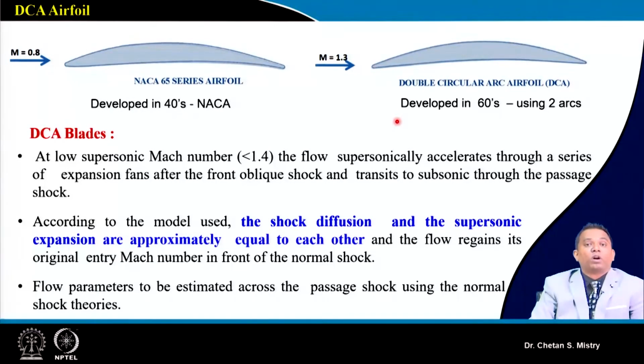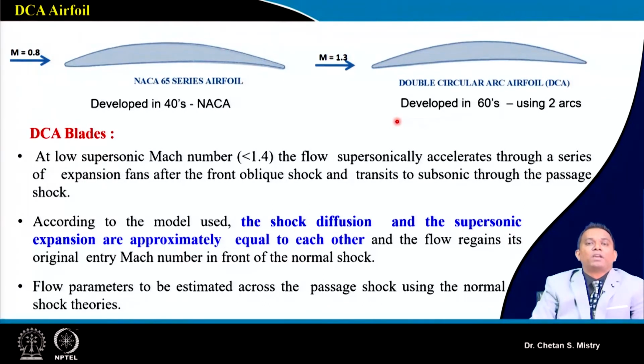Now in order to understand the flow behavior, we are using the fundamentals we have already studied, or what we know from our basics of gas dynamics. It is preferred to brush up the knowledge of shock formation, oblique shock, normal shock, then learn how to look at the flow table.